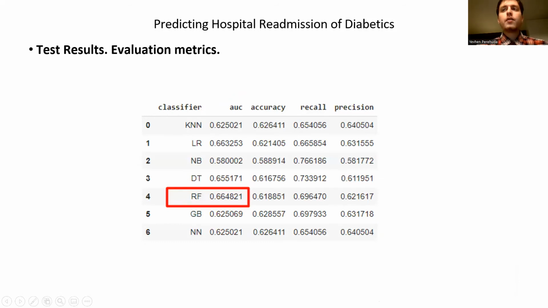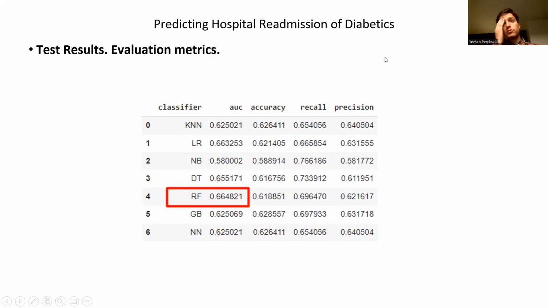We applied 7 different models, namely k-nearest neighbors, logistic regression, naive Bayes, decision trees, random forest, gradient boosting, and neural network. And for all of them, we measured area under curve, accuracy, recall, and precision.